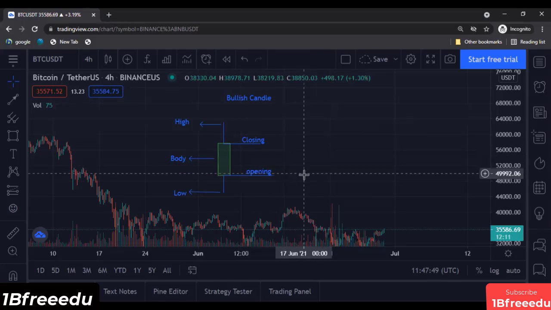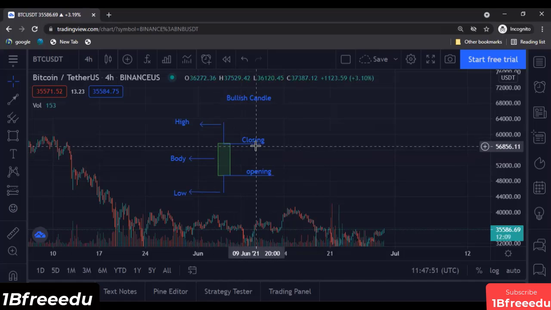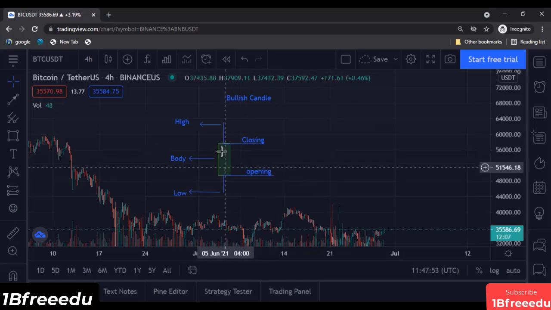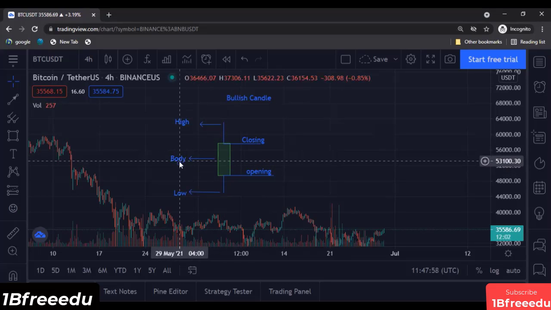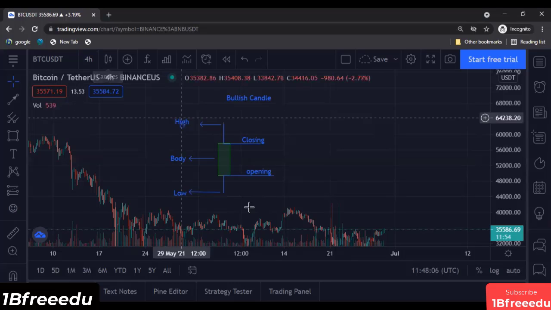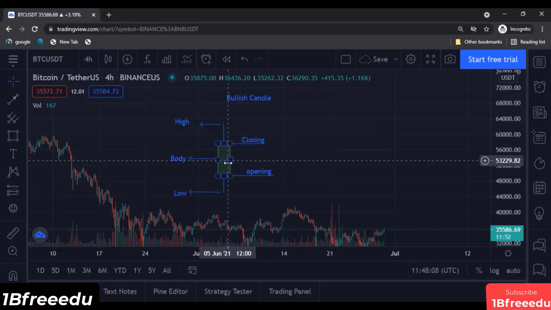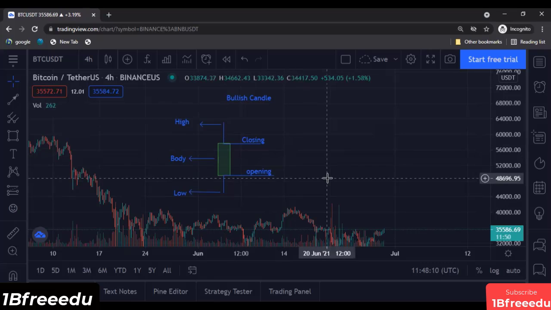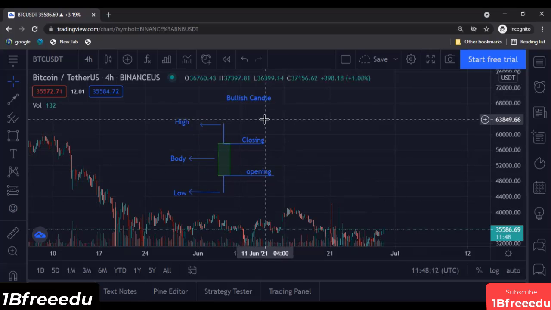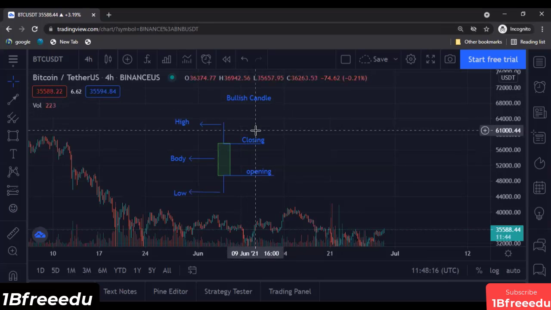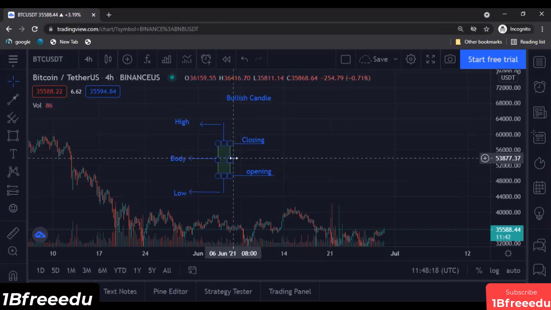Another important area we need to consider is the area within the candle, which is known as the body. It represents the volume being traded in that certain time period. For example, if a chart is set for 4 hours, then this area represents the volume traded in those 4 hours.